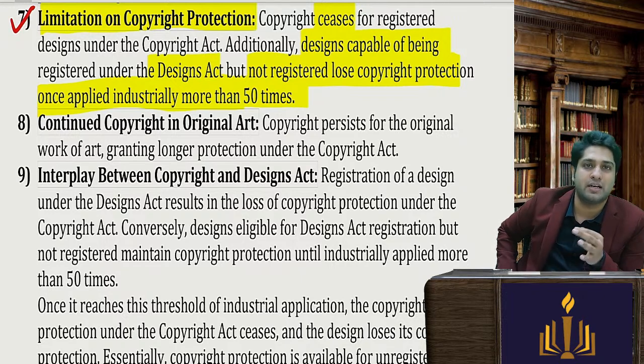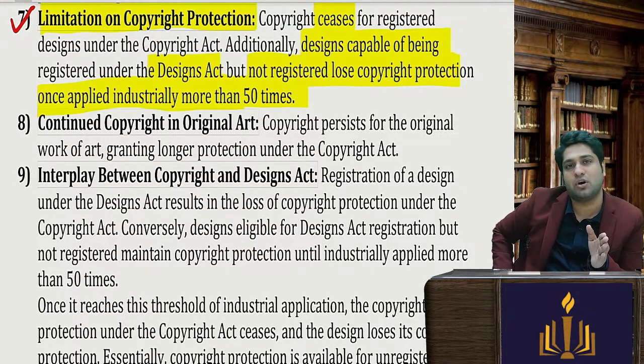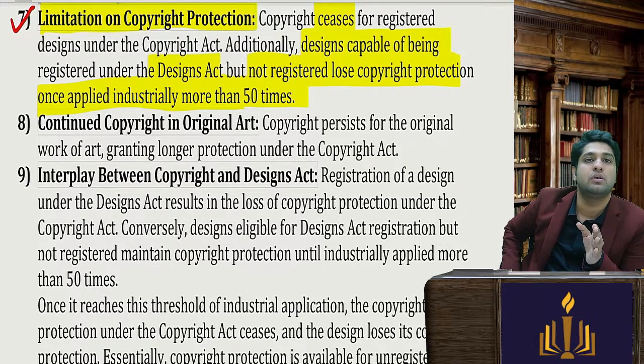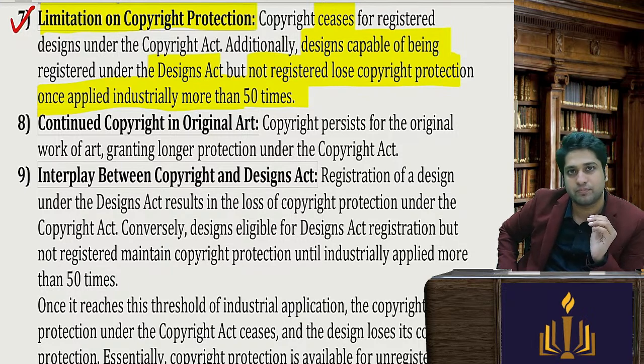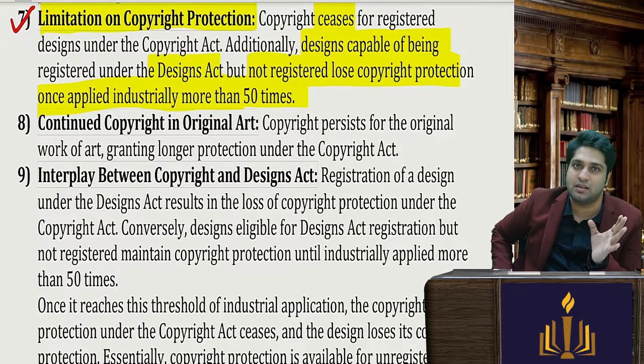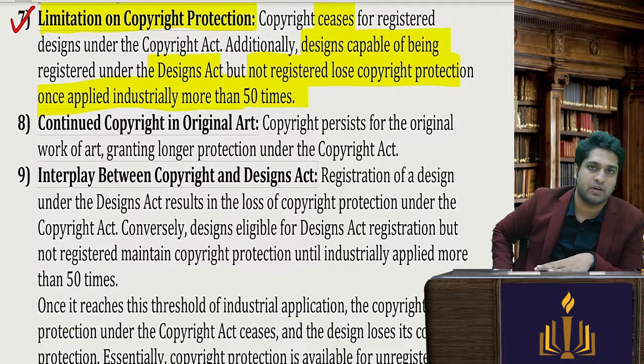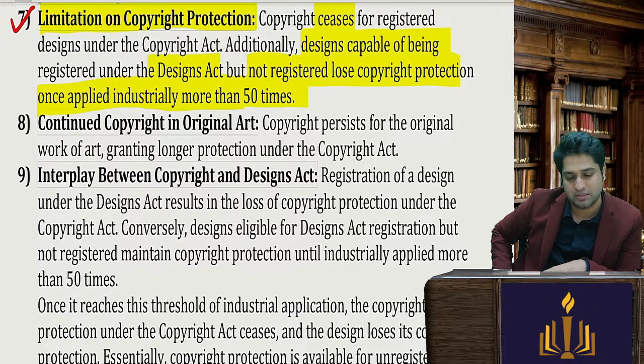Copyright is about literary work, writings, paintings, etc., whereas your Designs Act goes into industrial application, manufacturing, etc. However, there can be overlaps, which both will cover. It depends on a case to case basis.